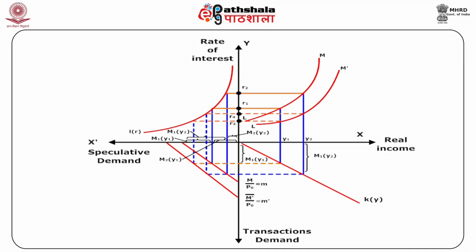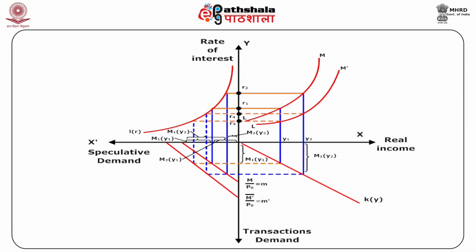But let us remember that m2 is negatively related to the rate of interest. Therefore, unless the rate of interest falls, m2 is not likely to grow. Therefore, please look at the rate of interest which is associated with y1, but it is at a lower level.